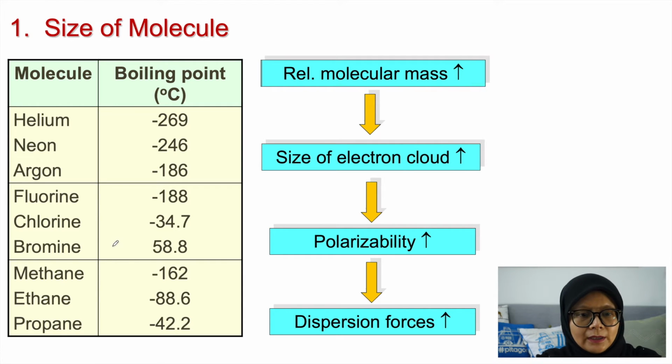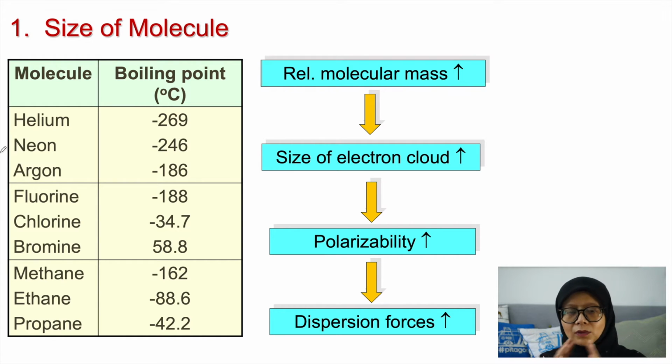In this example, we have molecules and their boiling points. Sorry, it's not propane, it's bromine. Bromine gas is the largest molecule in this example.